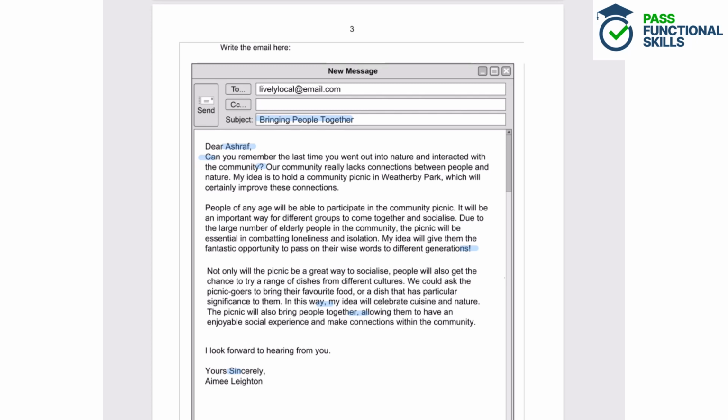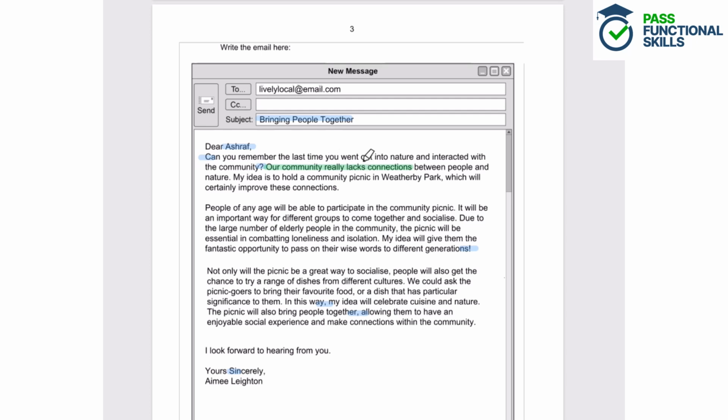So whenever you're using singular words and plural words, you need to match things up together. A good example of this is "our community really lacks connections." So because we're talking about a community here, we're talking about multiple people in the community, we've used "lacks" as a form of this verb here. Now, if we were talking about an individual person, such as you or I, we would say "I lack" or "you lack."